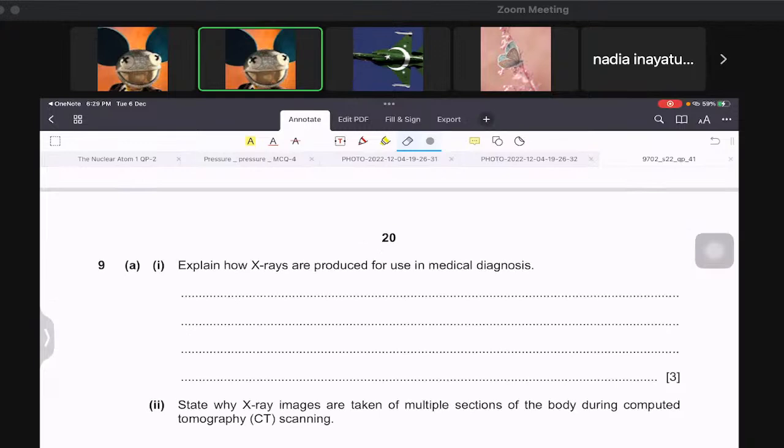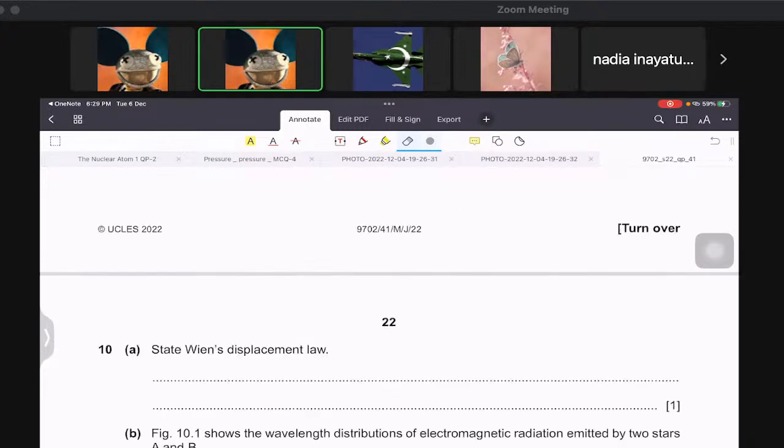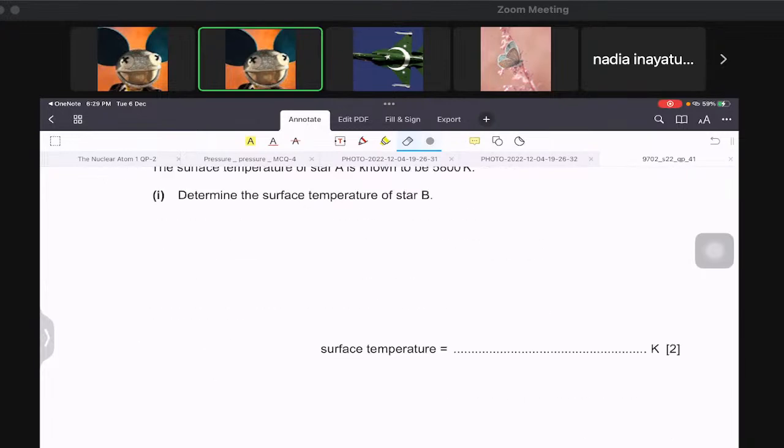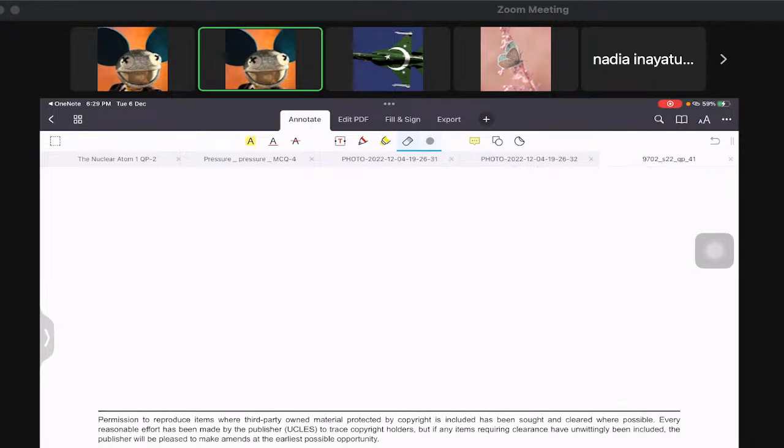X-ray question. Okay, sadly, there was no question in this one for PET. Very good. Now let's go to the next paper. Let's see if that has.